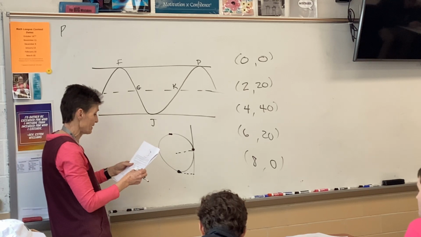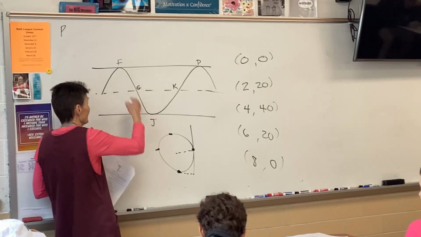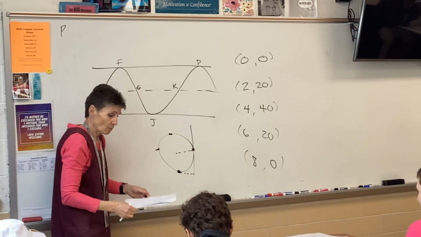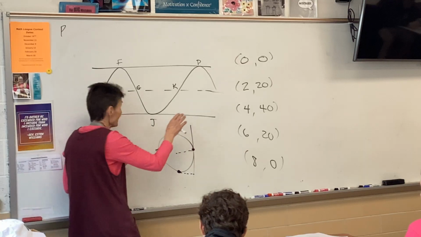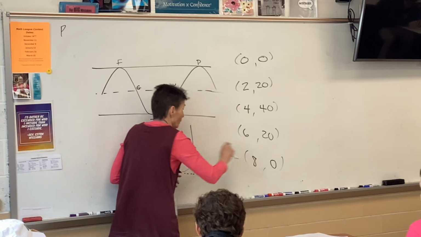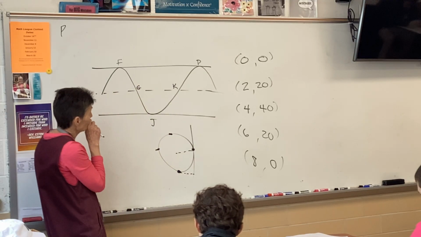So now we have to figure out where these points are going to go, because we have to actually label them now. All right, so what do you think? We don't have to use these points. We can make more if we need them, but we need to start getting something on here.